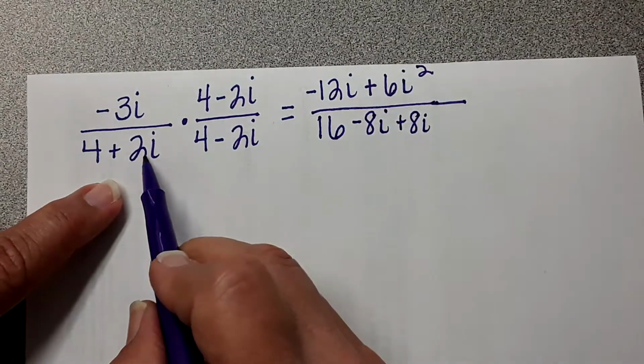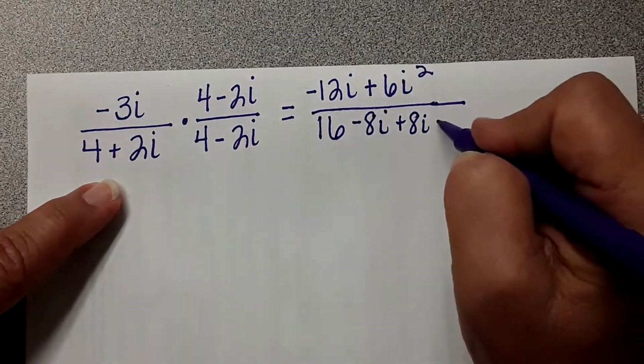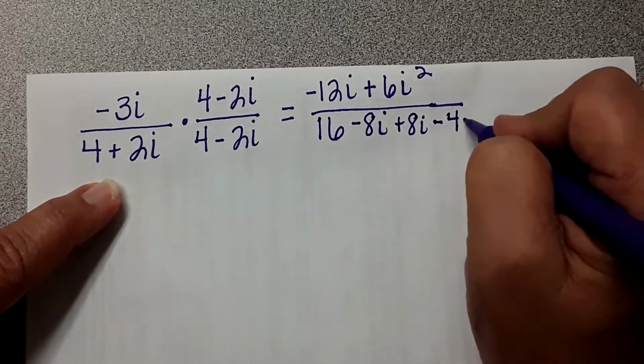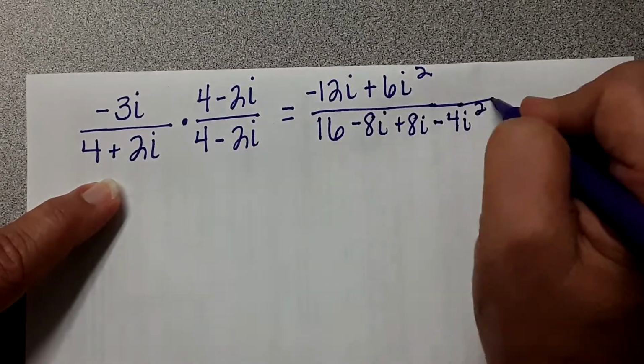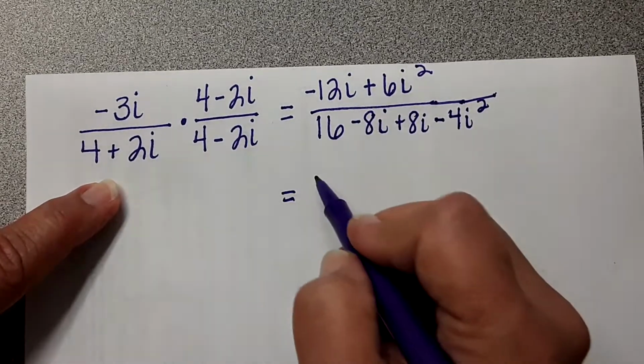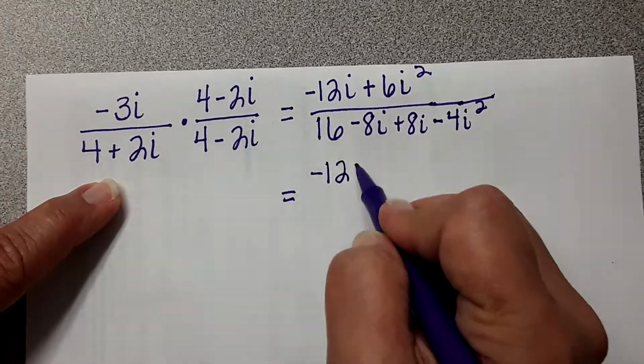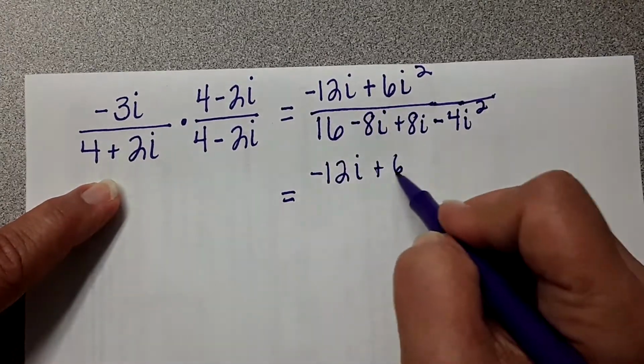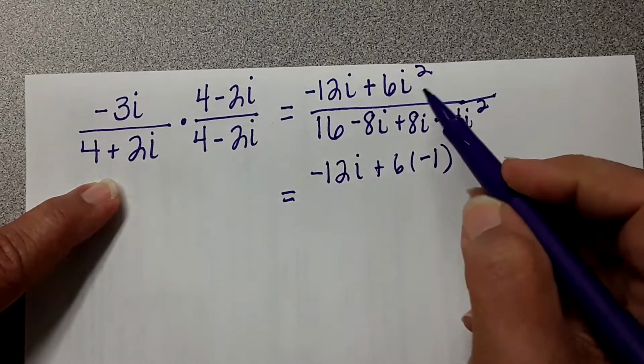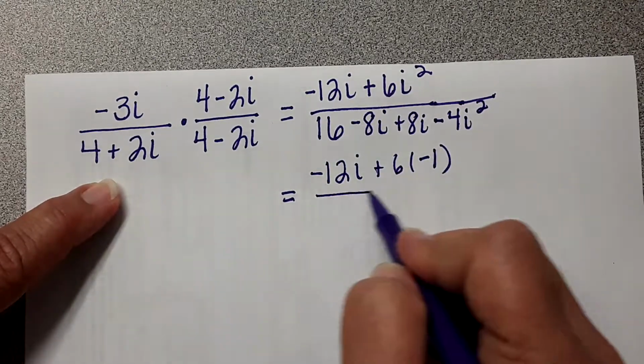And then positive 2i times negative 2i is negative 4i squared. Okay, negative 12i stays, plus 6 times negative 1, because i squared is negative 1.